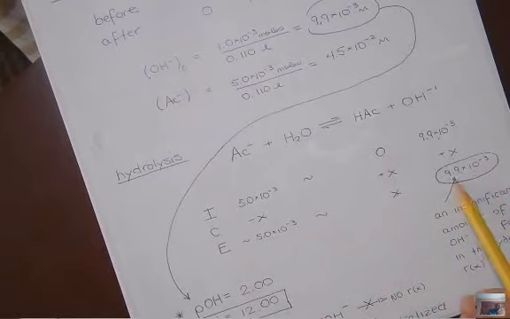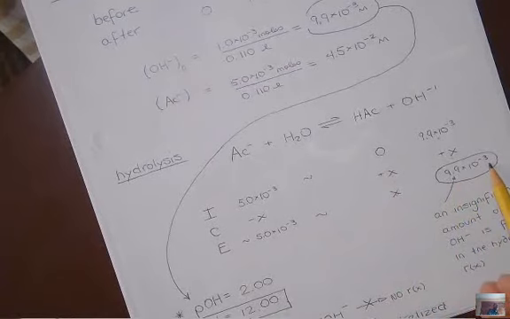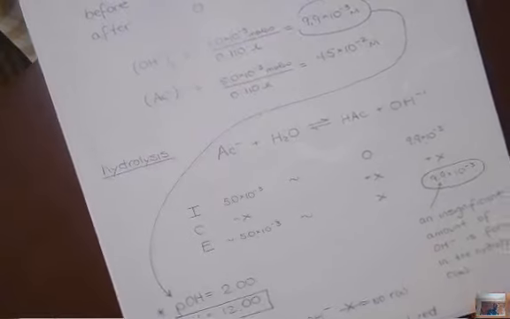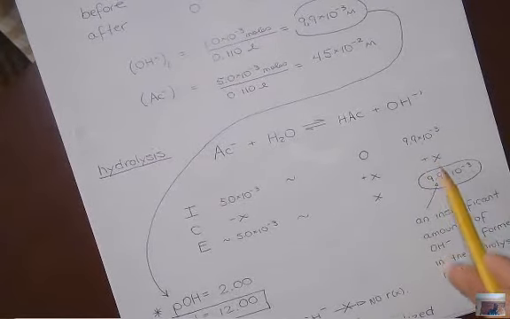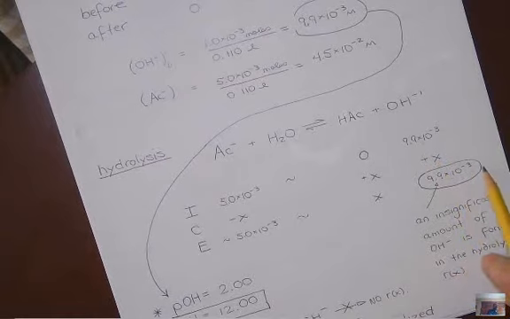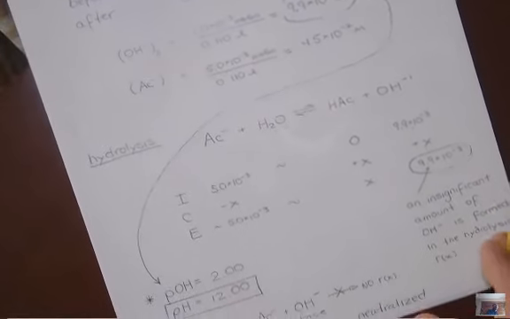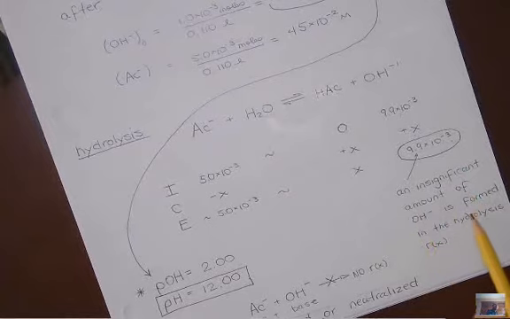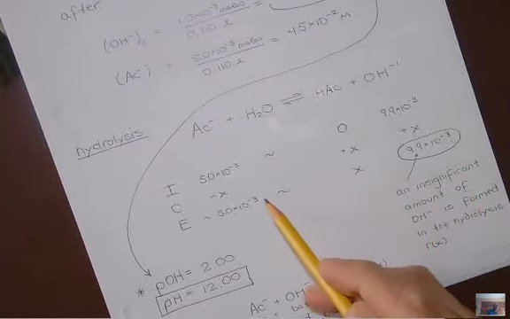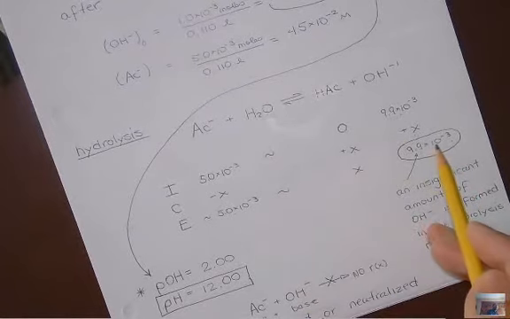This is 9.9 times 10 to the minus 3 molar plus x, but I'm telling you, x is small. So net relative to a 9.9 times 10 to the minus 3, x is going to be something like 10 to the minus 5th, 10 to the minus 6th, 10 to the minus 7th. It's going to be insignificant. So an insignificant amount of additional hydroxide is formed in the hydrolysis, because if x is small here, it's certainly small here.